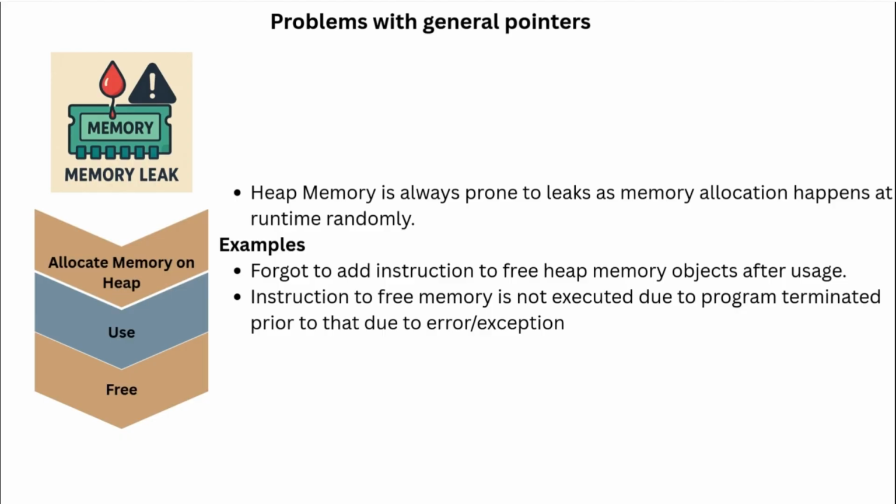Why does it happen? Either you forget to free it, you didn't write the code to free it, or you have the instruction but it is not executed, because before executing it there is an exception or a return statement, so it won't free it. We'll see with one example how memory leaks can happen.